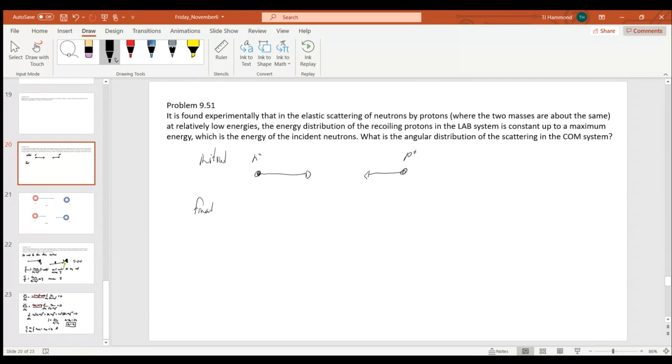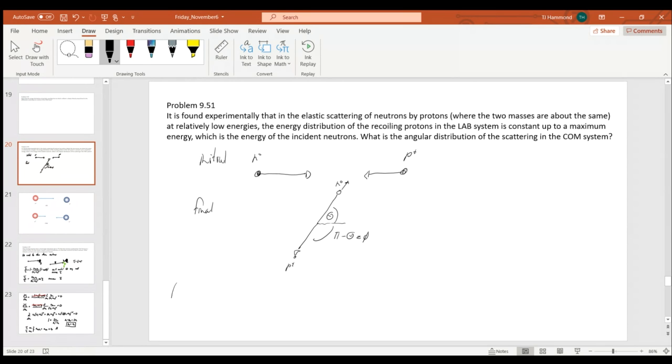And finally we have this neutron scattering off that way, and we have this proton recoiling off this way, where this is angle theta, and of course this is going to be pi minus theta, and that's phi. So we have the angular distribution in the center of mass frame.